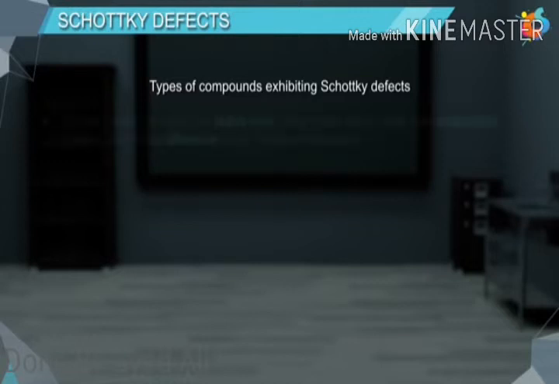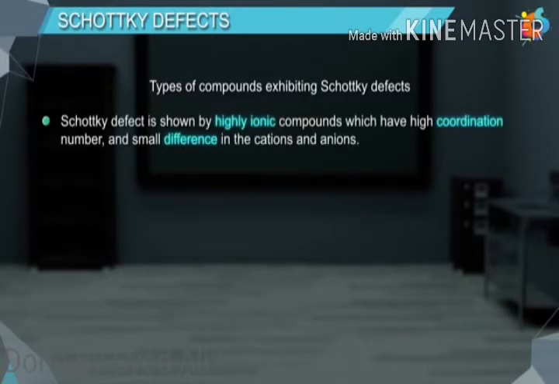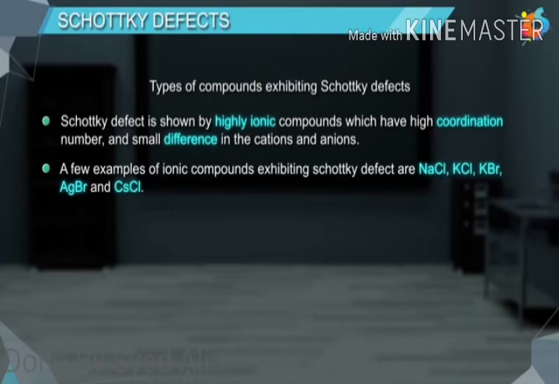Types of compounds exhibiting Schottky defects. Number 1. Schottky defect is shown by highly ionic compounds which have high coordination numbers and a small difference in size between cations and anions. Number 2.